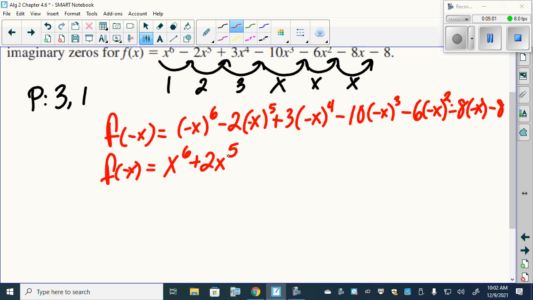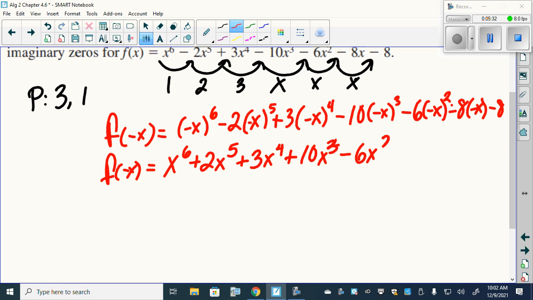So our next one is 3 times negative x to the 4th. Well, that's still going to be plus 3x to the 4th because 4 is even. Our next one is negative 10 times negative x to the 3rd. That's an odd power, so the sign is going to go from negative to positive, so we'll have plus 10x to the third. Minus negative x squared: positive or negative?